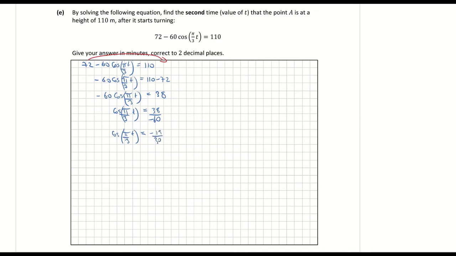If I do the cos inverse of that, I get pi over 3t is equal to cos inverse of negative 19 over 30, which is giving me pi over 3t is equal to 2.2566. And to get t on its own, I divide across by pi over 3. So 2.2566 divided by pi over 3 gets me a value of t of 2.15 minutes.